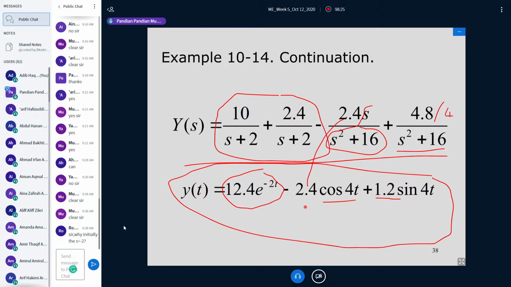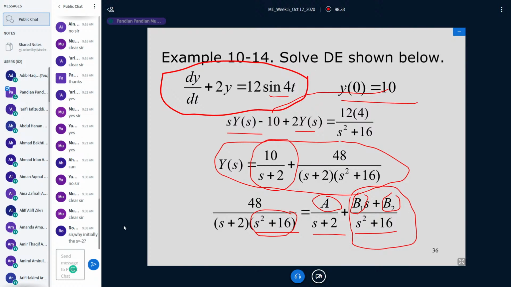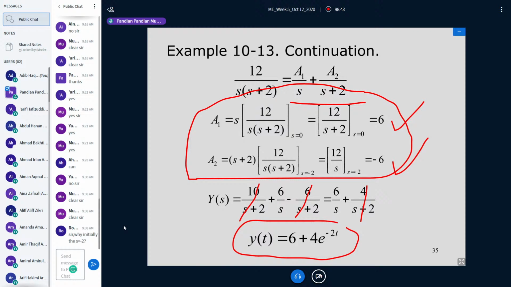Yeah, any question, class? Sir, why initially S is -2? What do you mean by this? I cannot get it. Why? Yeah, because you missed this method.